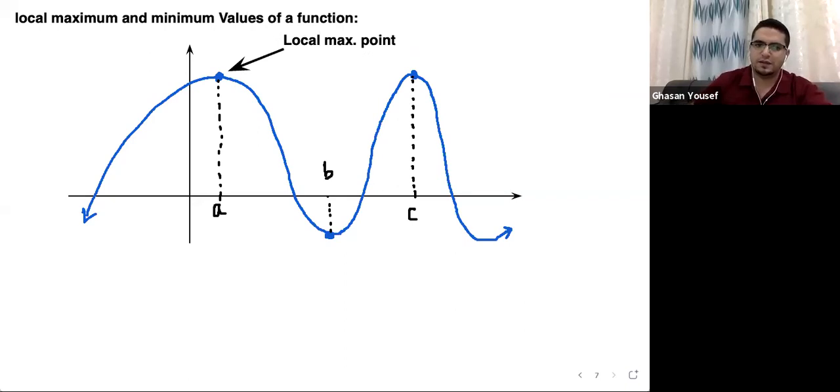At this point here, this is local minimum point. Again, this point at the top here is also local maximum. So we have two local maximum points, this first and this second, and we have local minimum here.